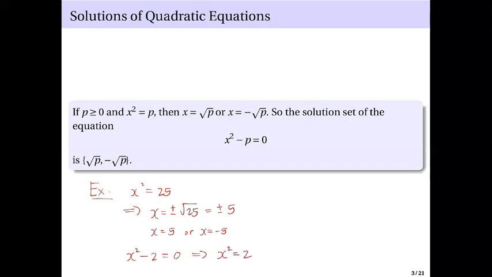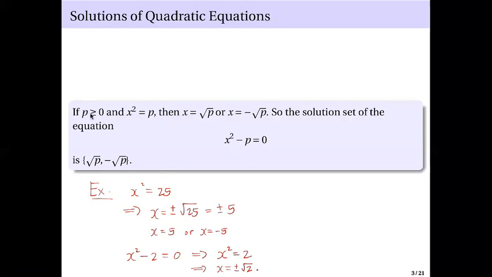And this means that the solutions of this equation are x equals plus or minus square root of 2. So this is the easiest type of quadratic equation to solve.